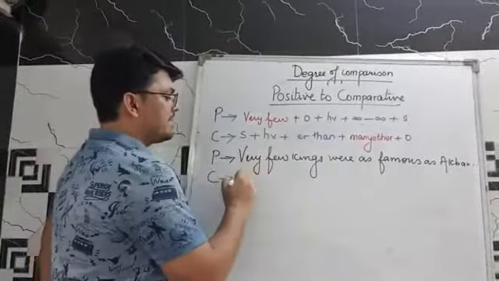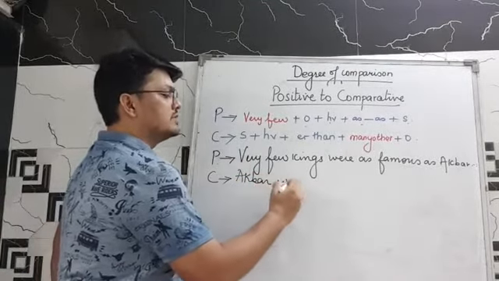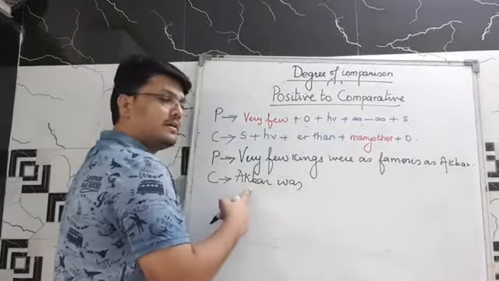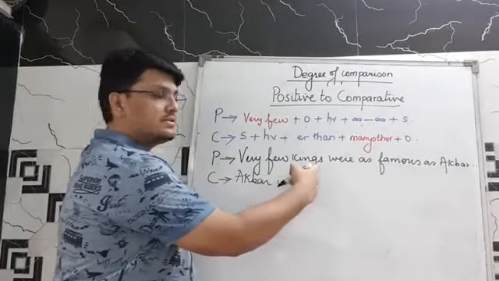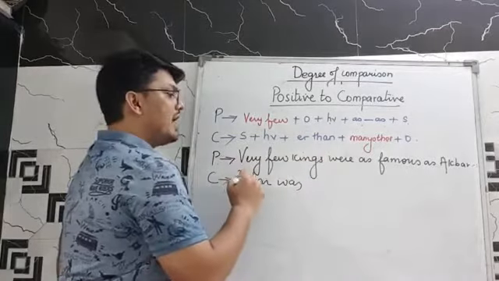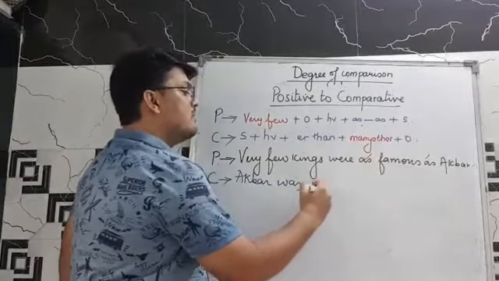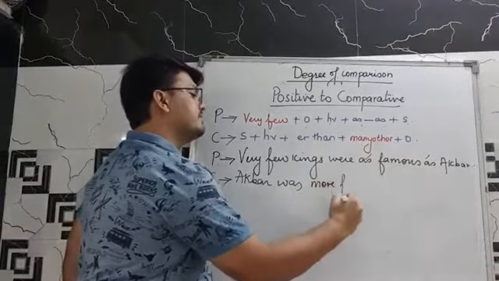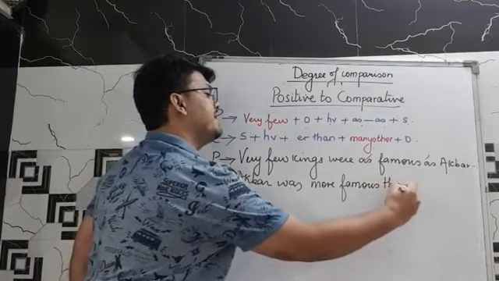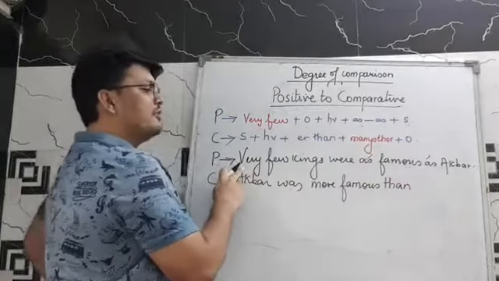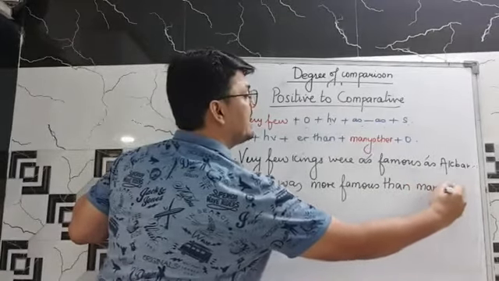So Akbar will come here. So Akbar was, because Akbar is singular. Okay, here kings was plural, so that is why I used were here. So Akbar was, as will be cancelled, more famous than very few will turn into many other kings.